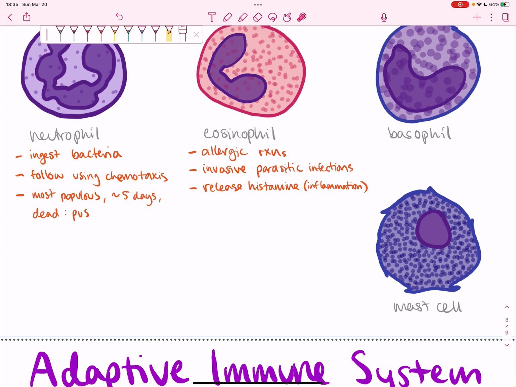Use red. So histamine: vasodilation, more immune cells into tissue.